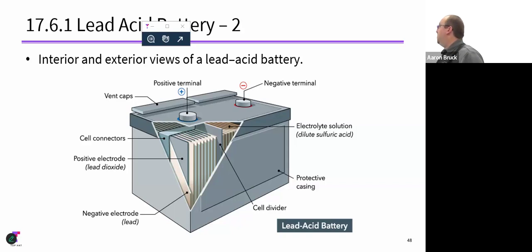And then you have your positive and negative terminals here, which is good if you wanted to hook the battery up to anything else. Like say you wanted to jump start your battery because it had fully discharged and you needed to get home.